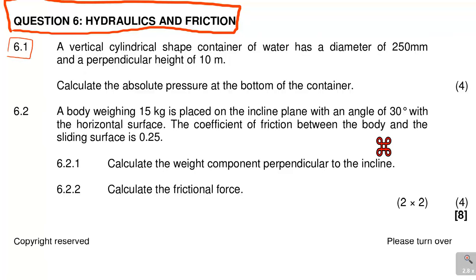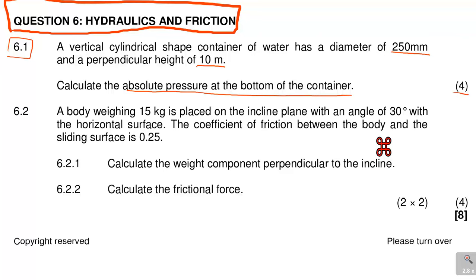A vertical cylindrical shape container of water has a diameter of 250 millimeters and a perpendicular height of 10 meters. It says calculate the absolute pressure at the bottom of the container, and this is 4 marks.